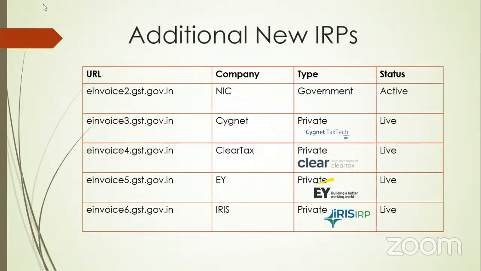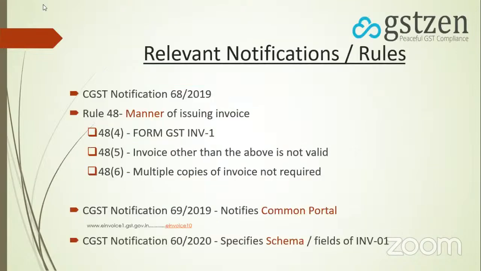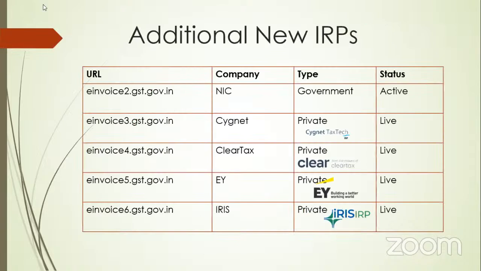So all of this is provided in the schema. These are the additional new IRPs that have been notified recently. E-invoice 1 was already notified in 2019 and has been live since then. These 5 new ones have been notified recently and they are live. E-invoice 1 and e-invoice 2 are run by the government. The other 4 are run by private players.